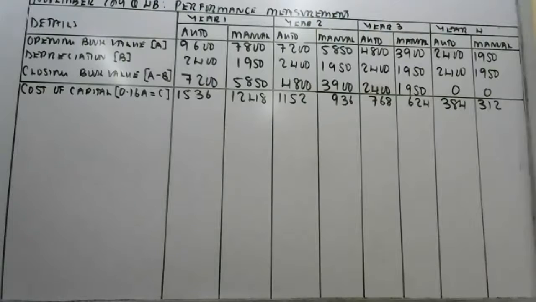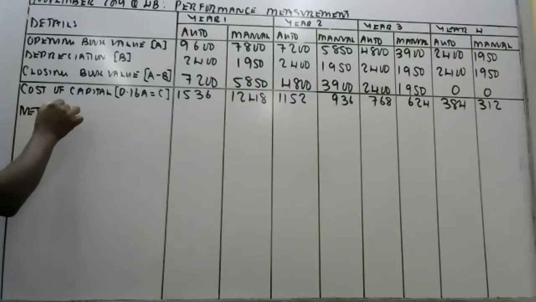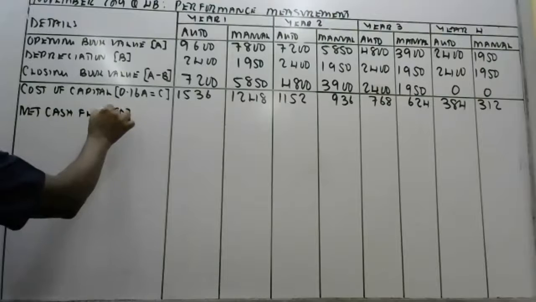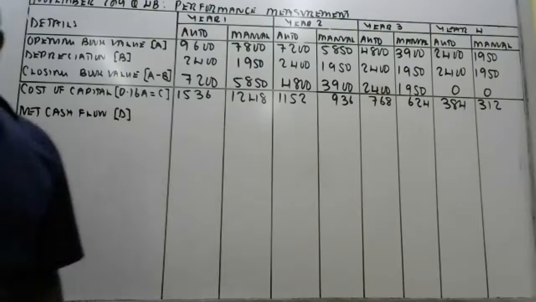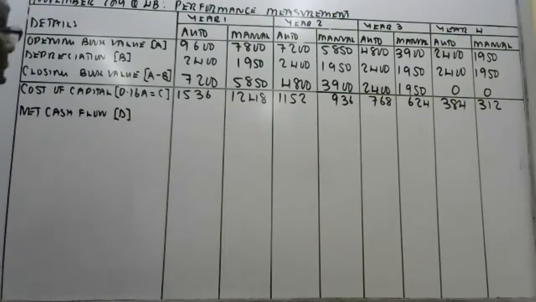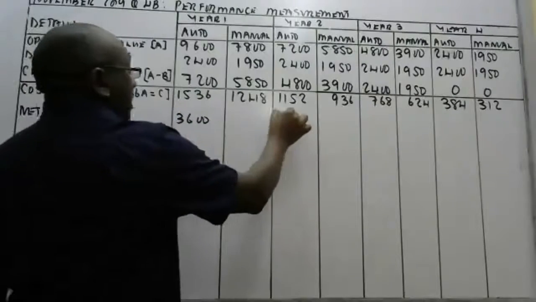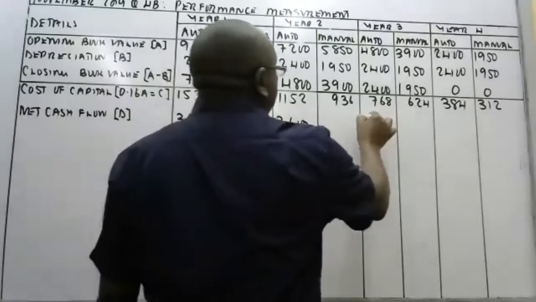The next thing that you need to do is to bring the net cash flow, and we call it B. So the net cash flow is as provided in the question. The first project has that 600 every year.